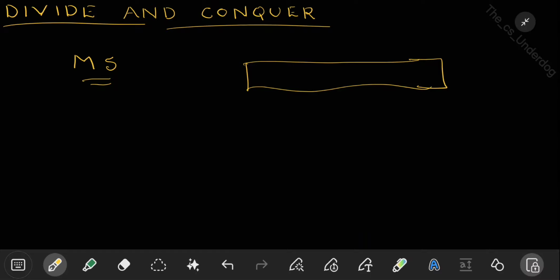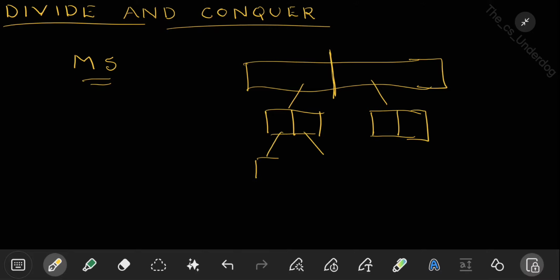What did you do? You found the midpoint of this array and you made two smaller arrays. These smaller arrays were both half the size of the original array. What did you do then? You again found midpoints of these smaller arrays and you kept dividing into subproblems till the point you found a single element. Whenever you reached a point where your subarray had only one element, the problem is small enough for you to directly solve.